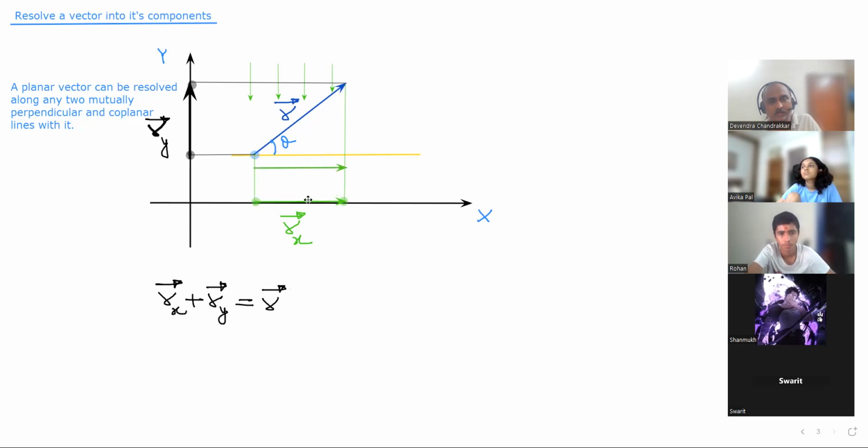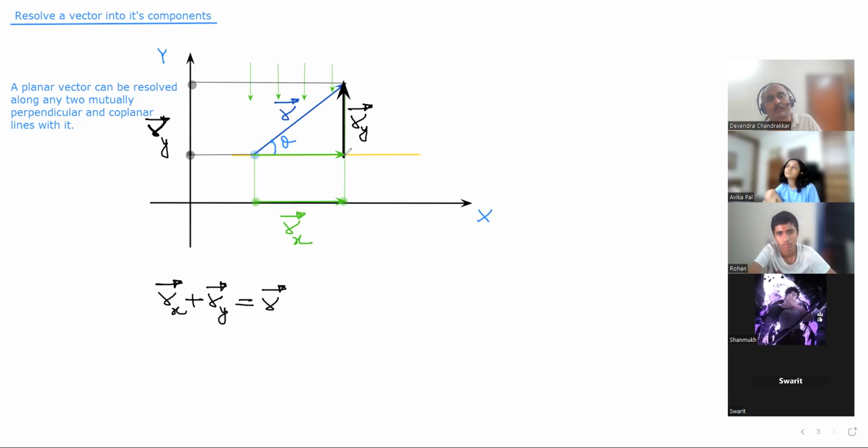We will move vector Rx parallel to itself such that it reaches this point, and similarly, we add vector Ry to vector Rx like this. Yes or no? So are we getting vector R?